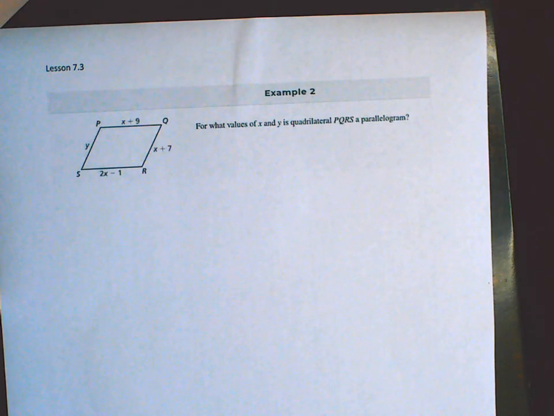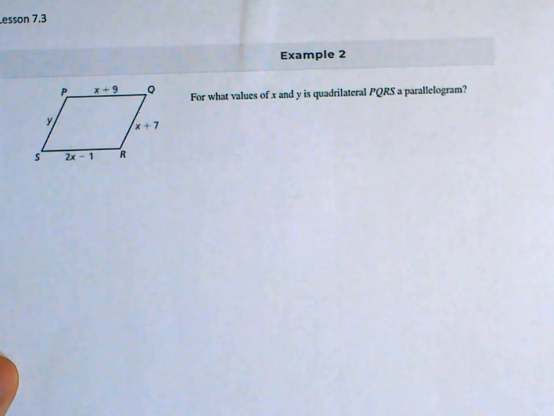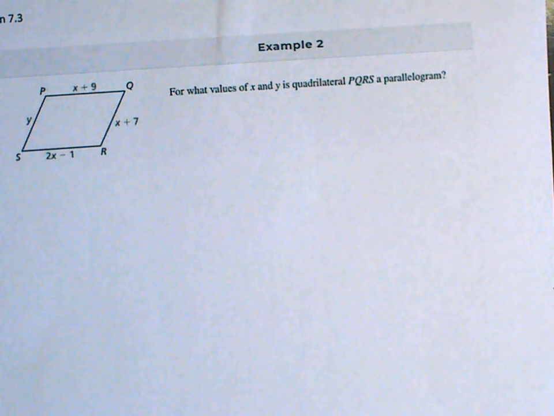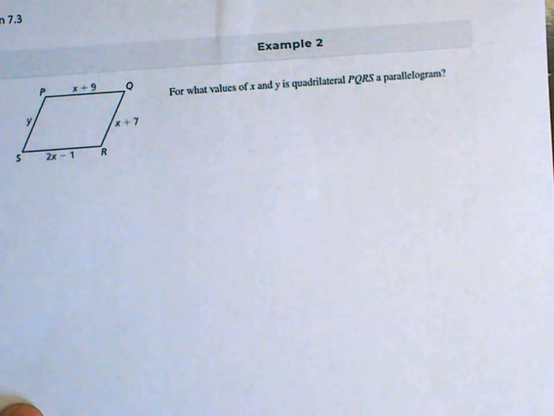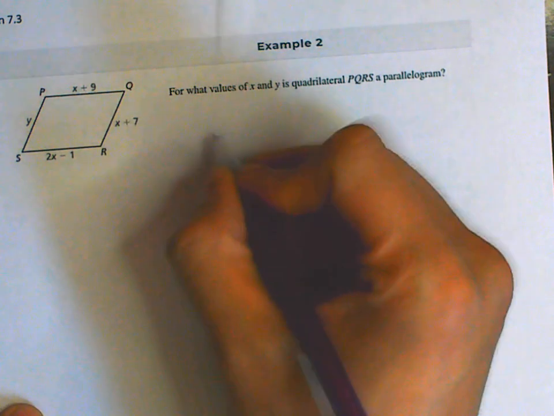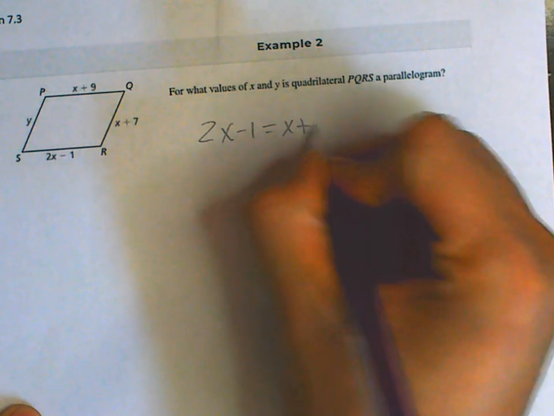Okay, so the way to solve this is exactly the same as the last lesson. So for what values of x and y would these be a parallelogram? So if we have to assume that it's a parallelogram, so therefore you would have to have 2x minus 1 equal to x plus 9.